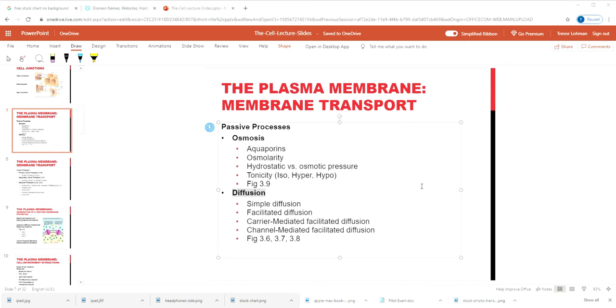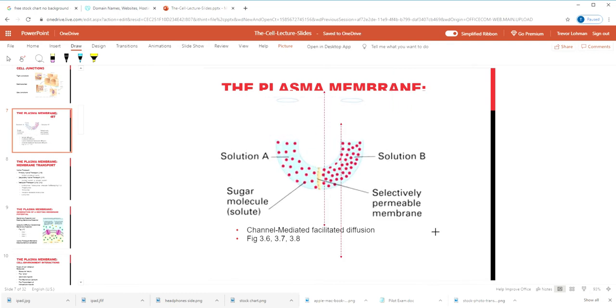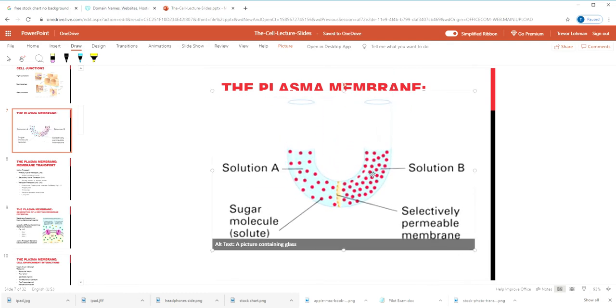So let's look at this picture here, for diffusion. Here we have this sort of U-shaped beaker, which is kind of cool, and we have, let's say, a cell membrane dividing the left and right half.